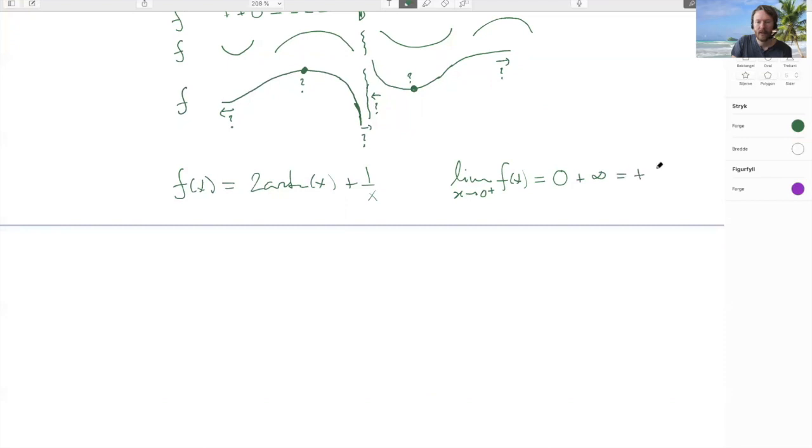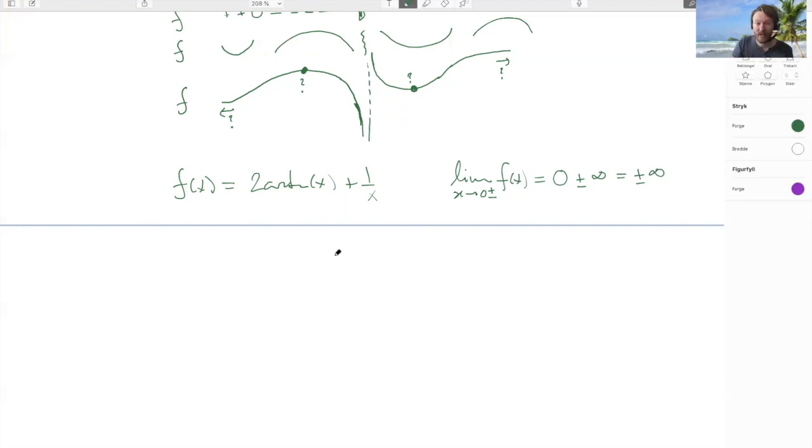So here I'm getting plus infinity. What happens if I approach from the left? Well, I still get 0 here, but now I get minus infinity here and minus infinity here. So this means I can take away these question marks, and I do know that I have a vertical asymptote here, and why not just denote this by making a dashed line like this?